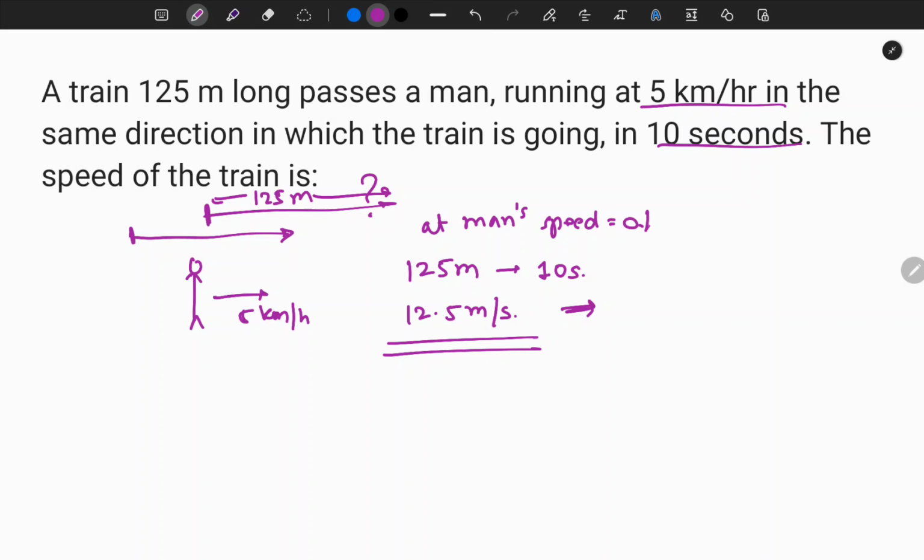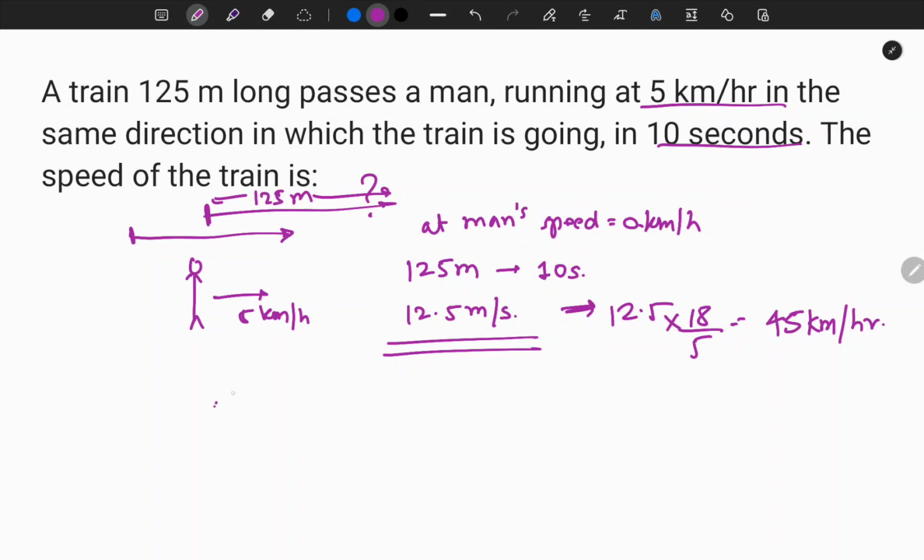So at man's speed being 0 kilometers per hour, this will actually be 12.5 into 18 by 5, because we are converting it from meters per second into kilometers per hour. So that would be 45 kilometers per hour.